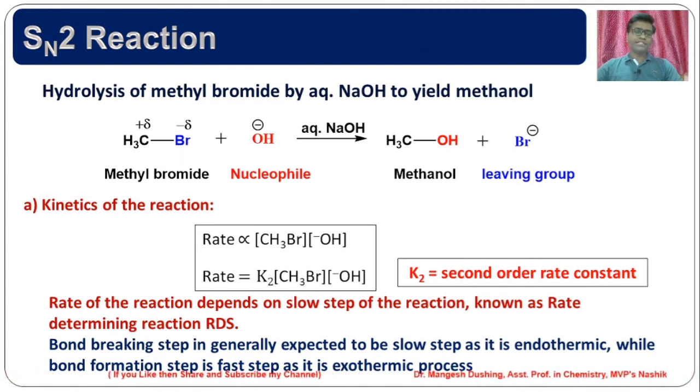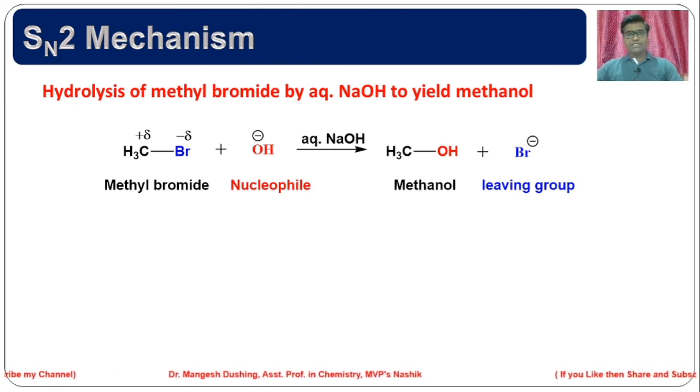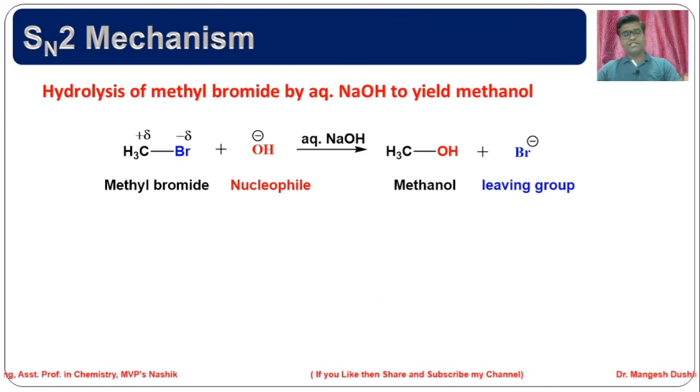So the rate of the reaction depends upon how this C-Br bond breaks. Friends, we will see the SN2 mechanism, how this happens. So mechanism, as you know, is a step by step illustration or description of all the events which happen in the reaction while the substrate is converted to the product.